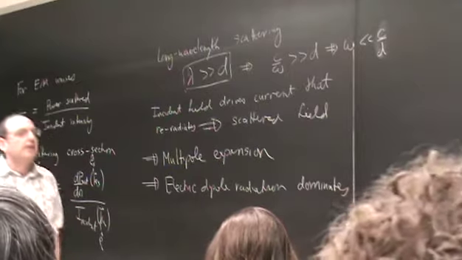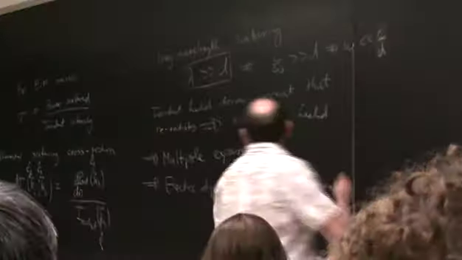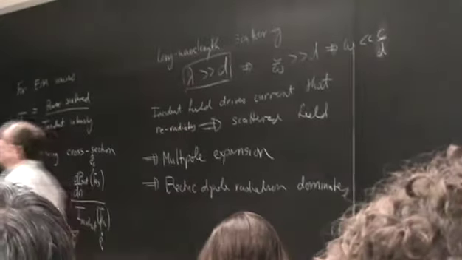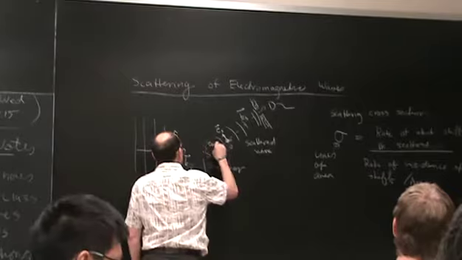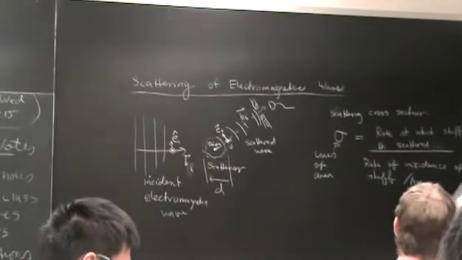Okay? So what that means is that if I put the origin right at the center of the scatterer, then we know what the scattered field will be.